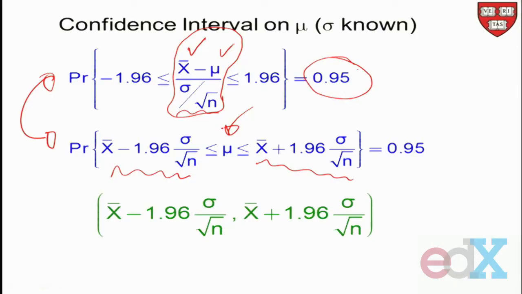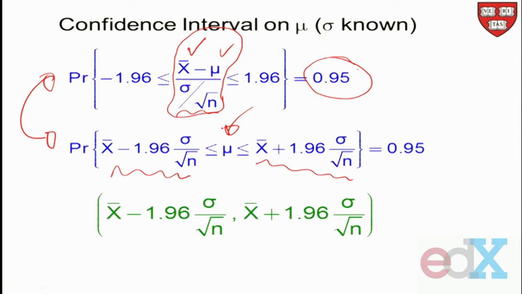We've created an interval, which is: calculate x bar and subtract 1.96 sigma over the square root of n from x bar, and then add that same quantity to x bar, thus creating an interval from x bar minus to x bar plus 1.96 sigma over root n. This interval now is going to vary from sample to sample to sample.